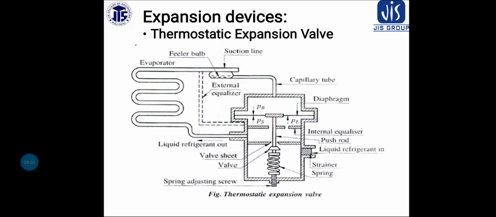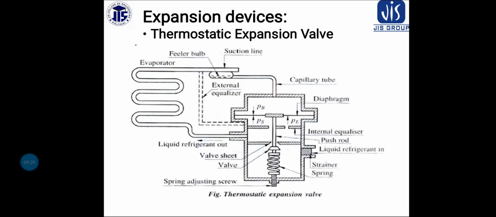This valve finds wide application because of its adaptability to any type of dry expansion application, automatic operation, high efficiency, and ability to prevent liquid flood back. The thermostatic expansion valve performs the following functions.